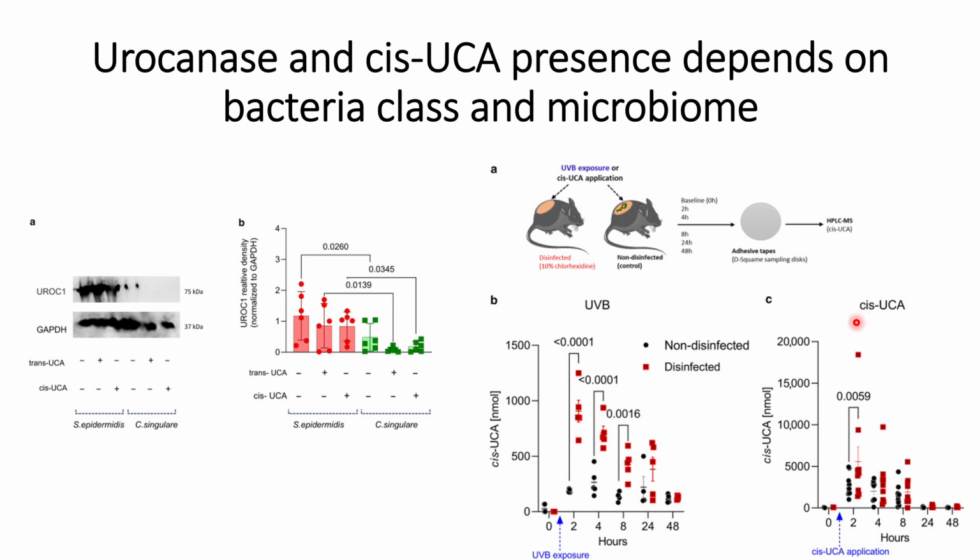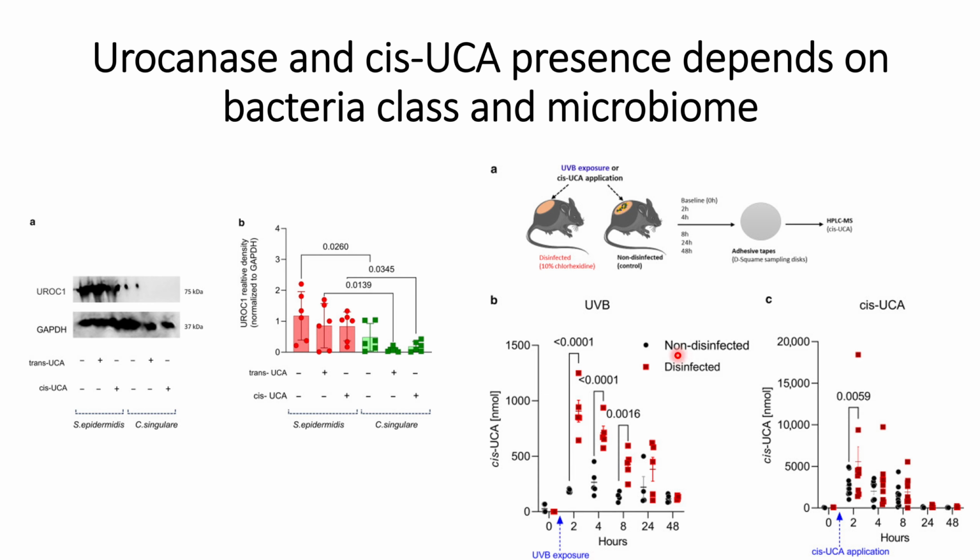However, when the mice are treated with cis-UCA, they see changes only at 2 hours. After that, changes in the cis-UCA levels are non-significant. That can be seen here in panel C of the right hand side figure.